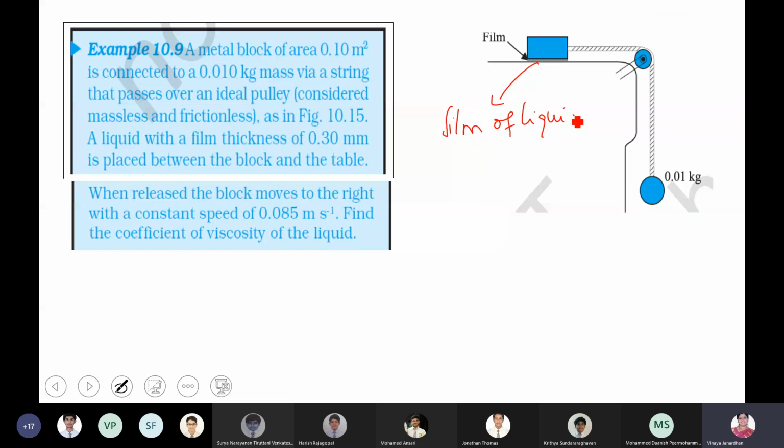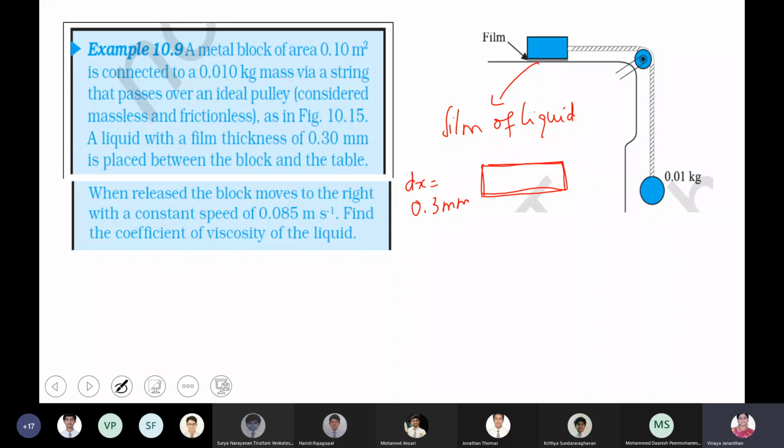The film of liquid is having a thickness of what? What is the thickness of the film? So dx is equal to 0.3 millimeters. This is your liquid. Your block is on, right? There is a layer of liquid between the tabletop and the block.